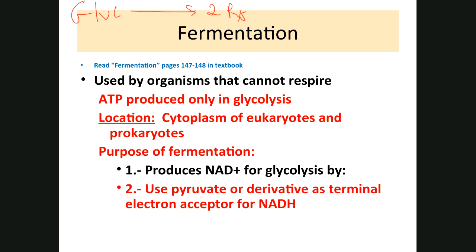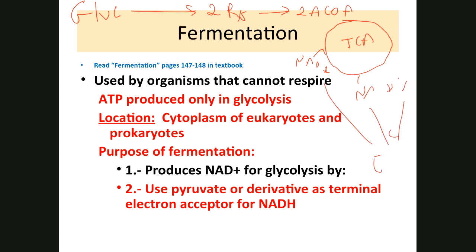Then the pyruvates are taken through the intermediate step, which gives us 2 acetyl coenzyme A. These are taken through the Krebs cycle, TCA, which is going to produce all of these NADHs, which are then taken to the ETC. Now, in the absence of oxygen, unless you have an anaerobic ETC, you cannot use the ETC. If you cannot use the ETC, really, is there any need for the TCA?